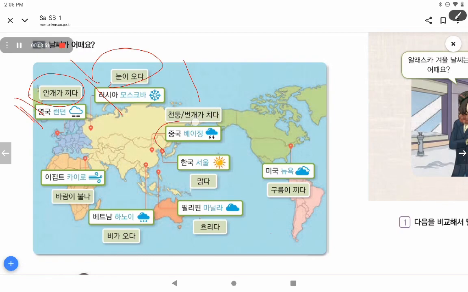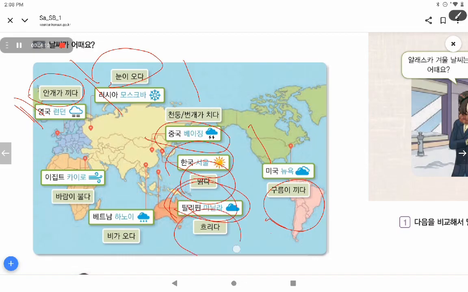It's China, Beijing. 미국 New York, USA, New York, and it's cloudy. 구름이 끼다, cloudy. 한국 Seoul, Korea, Seoul, 맑다, clear. Philippines, Manila, it's hazy, 흐리다.